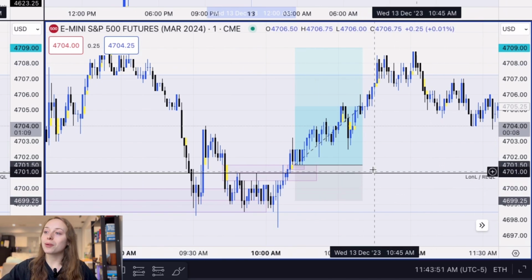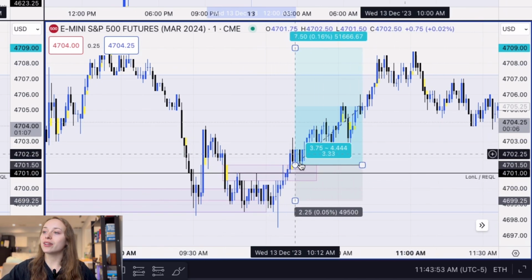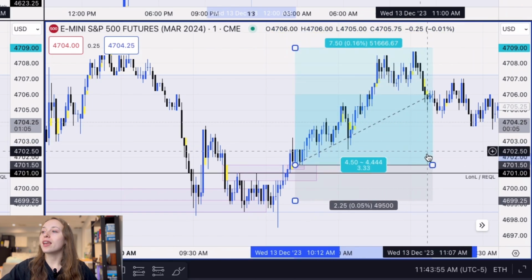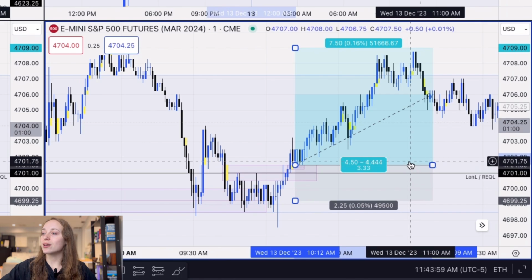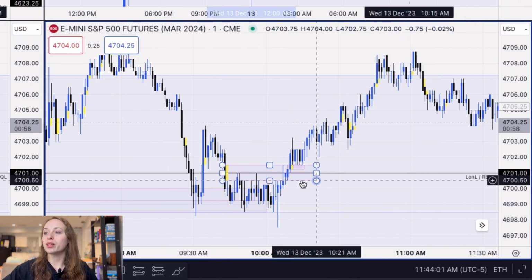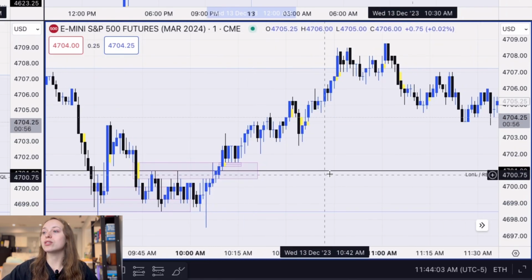It was a nice trade. I did like it. We did come down into that fair value gap. But again, we just didn't get in because we were expecting slower movement due to FOMC news in the afternoon.